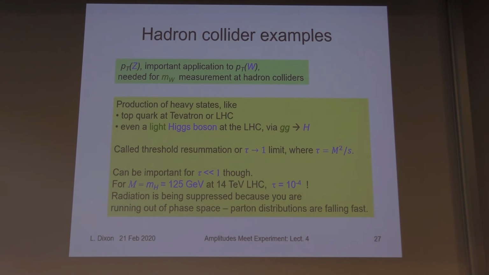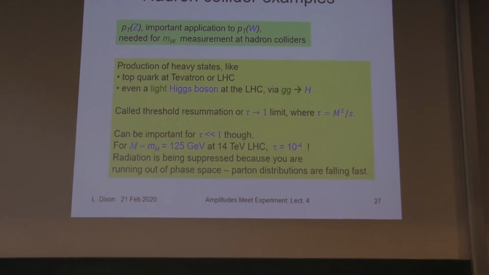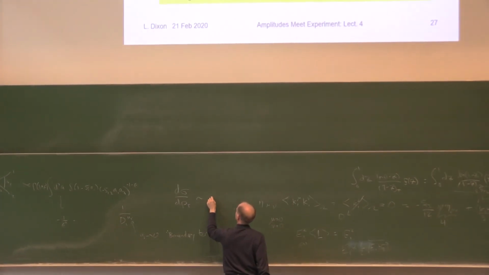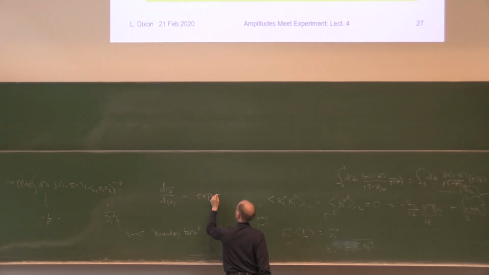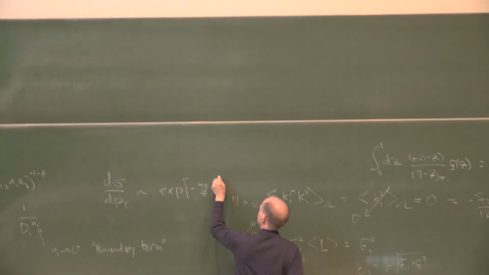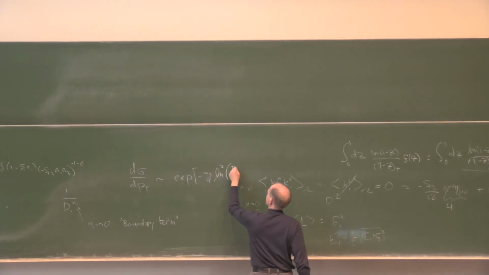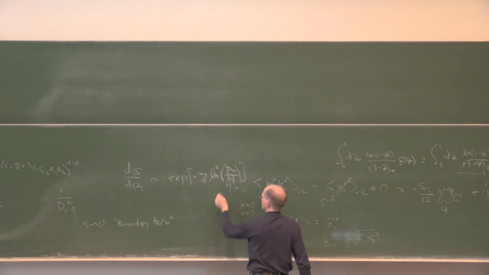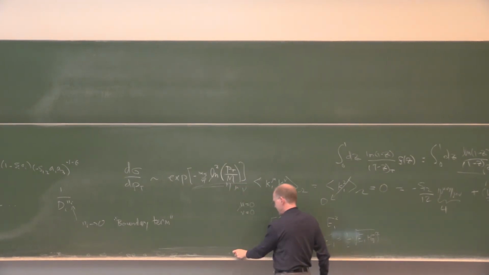Those distributions are not defined near PT equals 0, and they have a distribution which is very roughly of this form. So double log exponentiation.